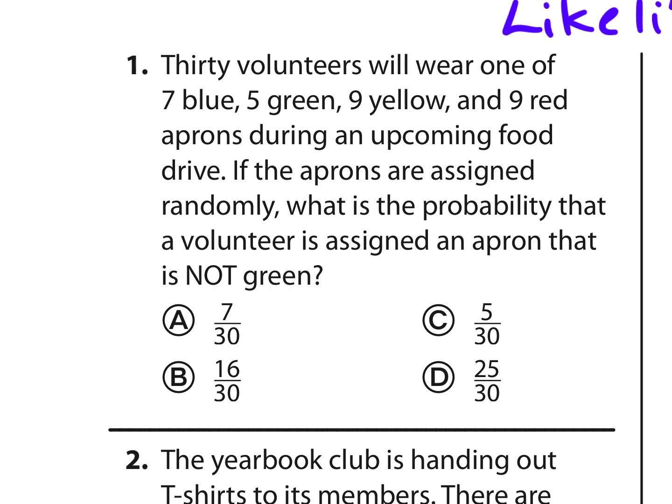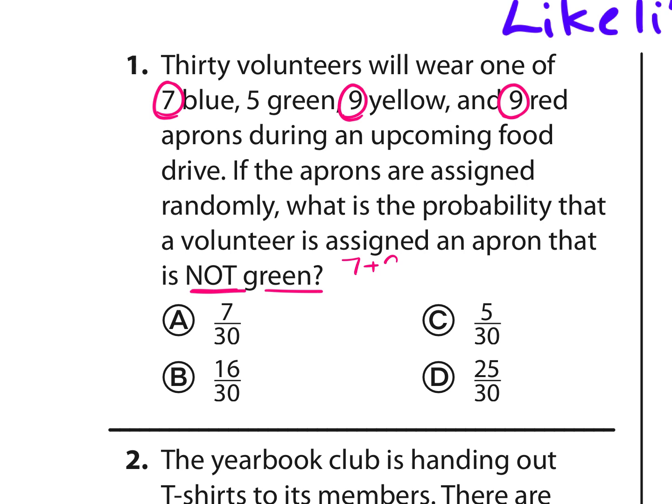Number 1, 30 volunteers will wear one of 7 blue, 5 green, 9 yellow, and 9 red aprons during an upcoming food drive. If the aprons are assigned randomly, what is the probability that a volunteer is assigned an apron that is not green? Okay, well, here's the ones that are not green. 7 blue, 9 yellow, 9 red.